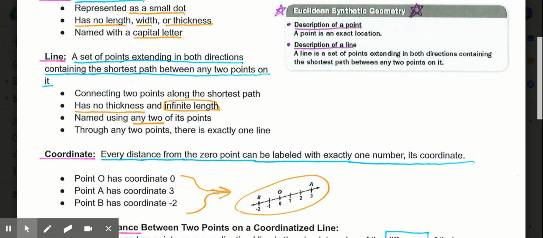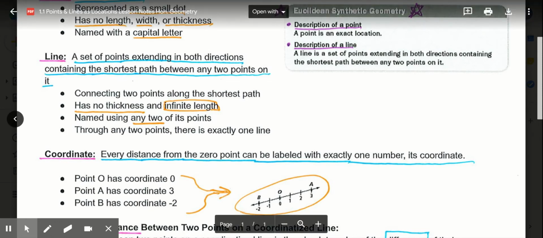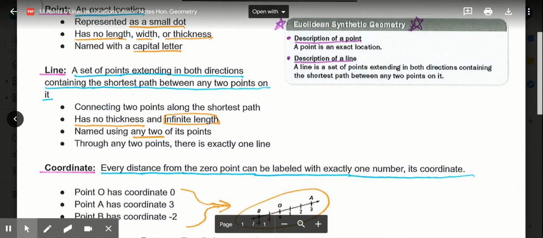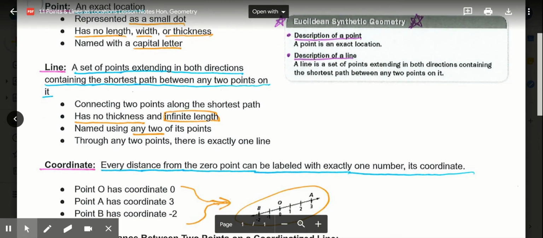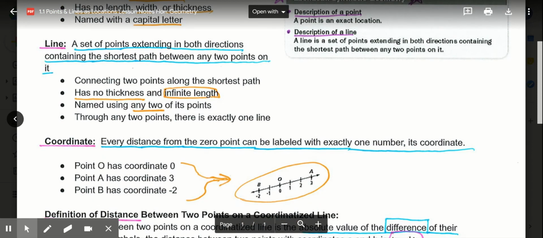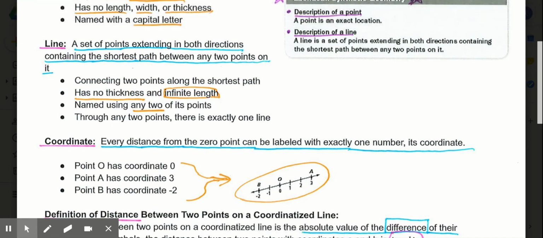And then we have what are called coordinates. So we've defined a point, defined a line, and to understand the idea of points and lines being locations in geometry, we use coordinates. So every distance from the 0 point can be labeled with exactly one number or its coordinate.